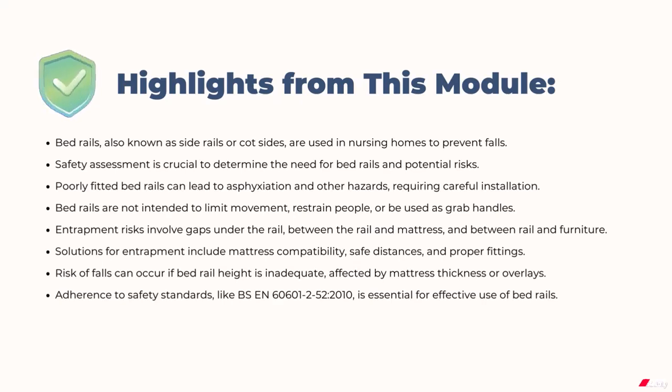Poorly fitted bed rails can lead to asphyxiation and other hazards requiring careful installation. Bed rails are not intended to limit movement, restrain people, or be used as grab handles. Entrapment risks involve gaps under the rail, between the rail and mattress, and between rail and furniture.